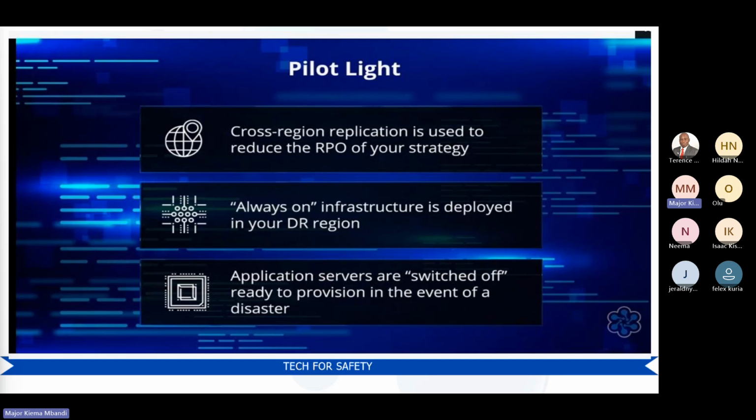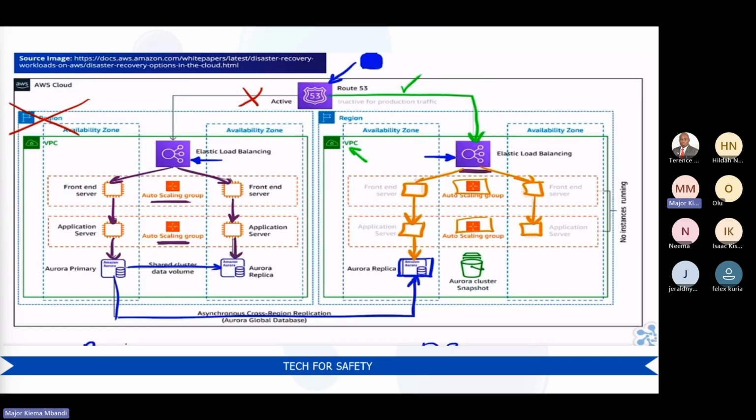So some partial part of your infrastructure, like the Aurora replica, will be active in your DR region, while others like the front end and the application will be inactive, just waiting to be triggered in case of an event that is happening.